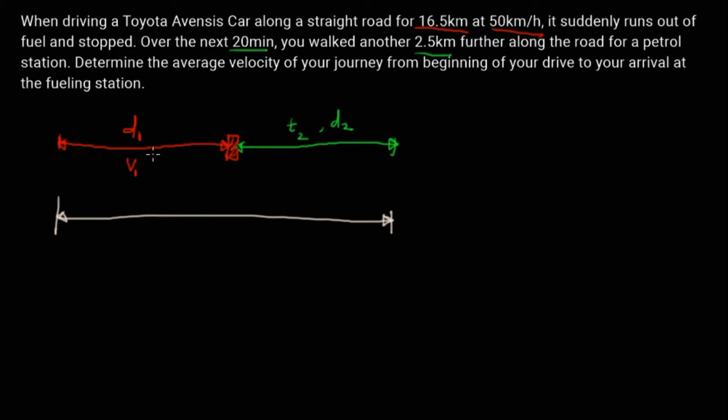In this case, we are not concerned about the instantaneous velocity, the velocity of your car at every instant. We are concerned with the overall velocity. Now, the average velocity is equal to the total displacement upon the total time.